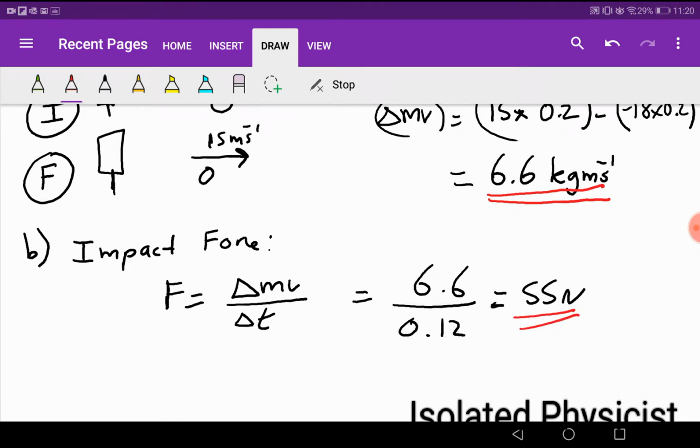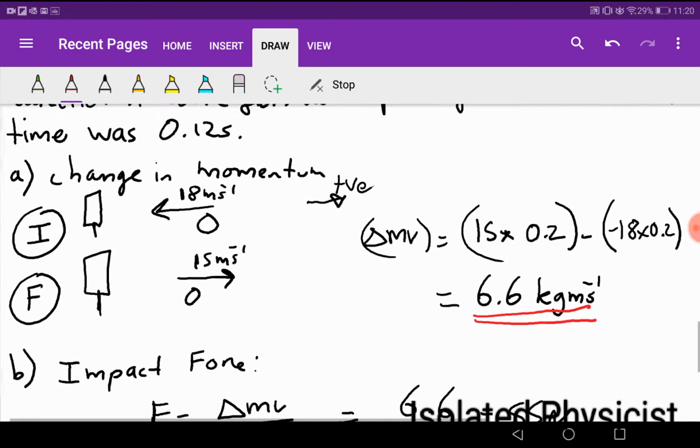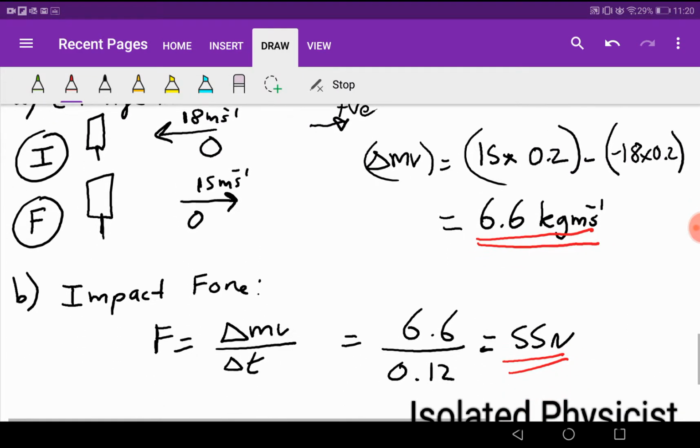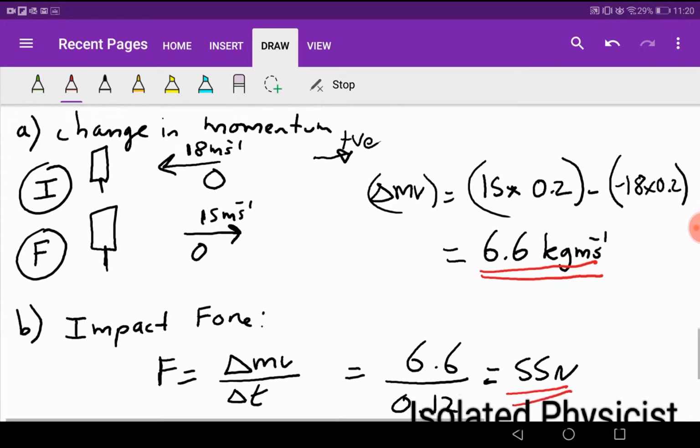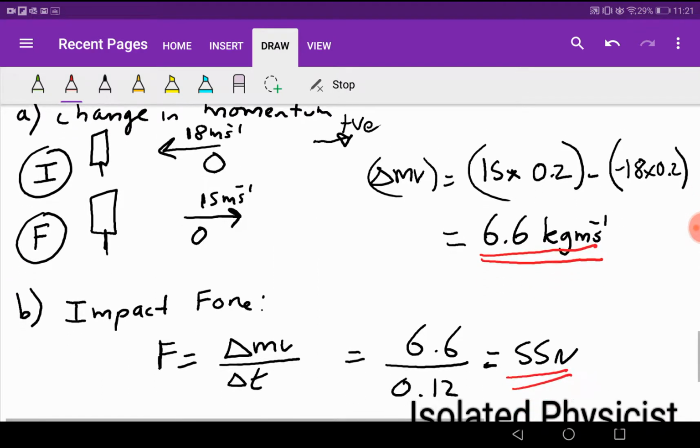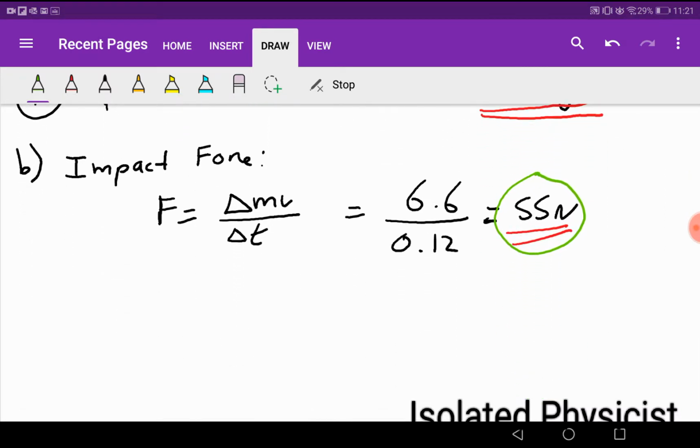So, someone might say, well, what about the minus signs? Well, the minus signs are kind of part of how I'm doing the question. So the fact that this has come out positive and the fact that this velocity was positive means that the force is in the same direction as the final velocity.